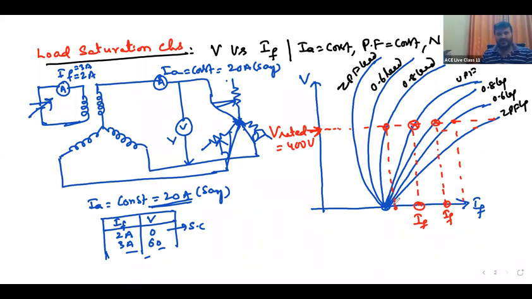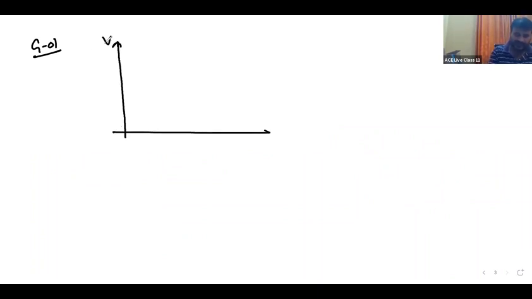Now on this, a question was given in a previous examination, GATE 2001. Let me give the question. The characteristics are given, a set of characteristics, with E and V against IF.